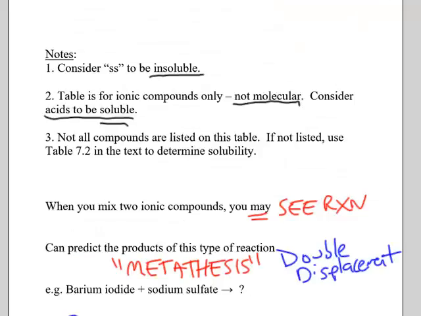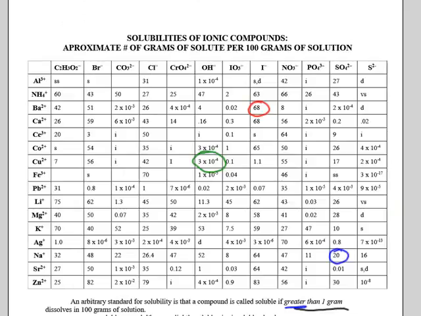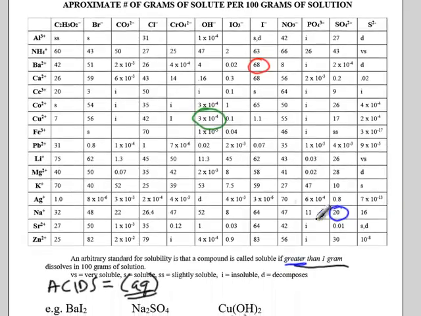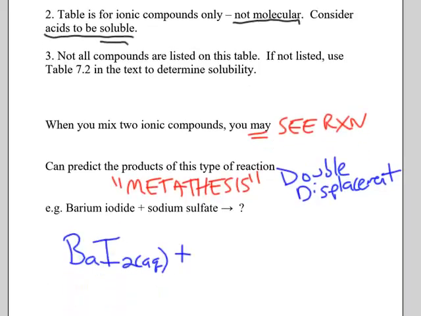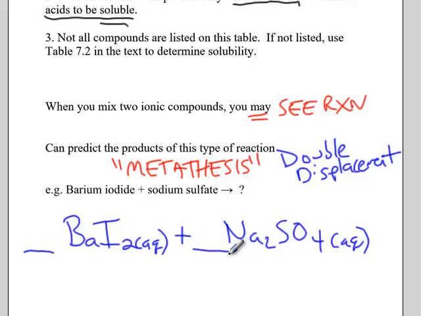So when I write a chemical reaction, barium iodide, aqueous, I'm going to react that with sodium sulfate, and we looked up the value. Sodium sulfate was a 20, so that's also aqueous. I'm going to leave a line for my coefficients out in front.